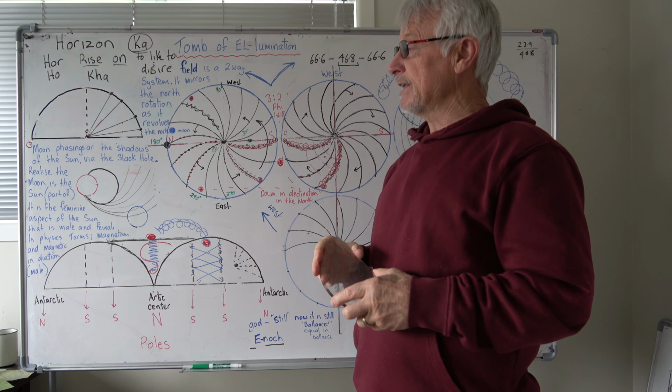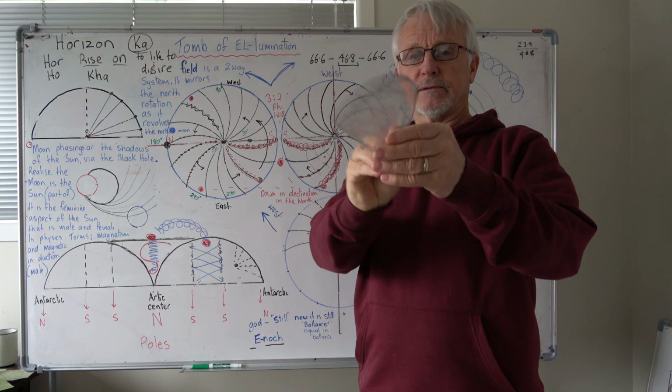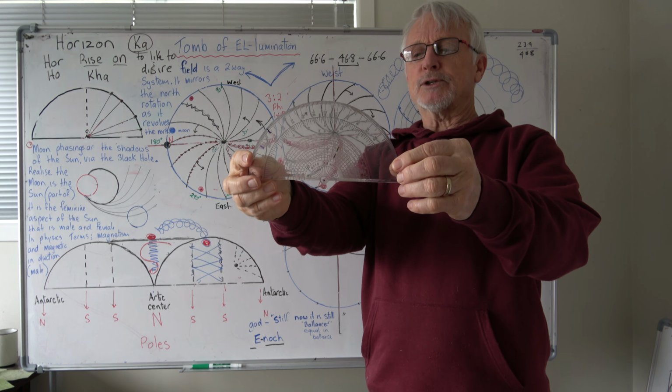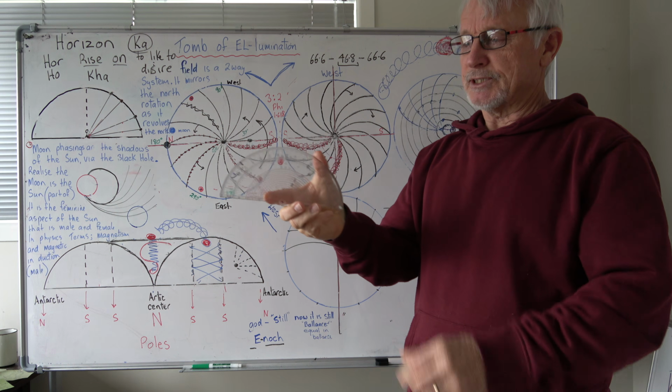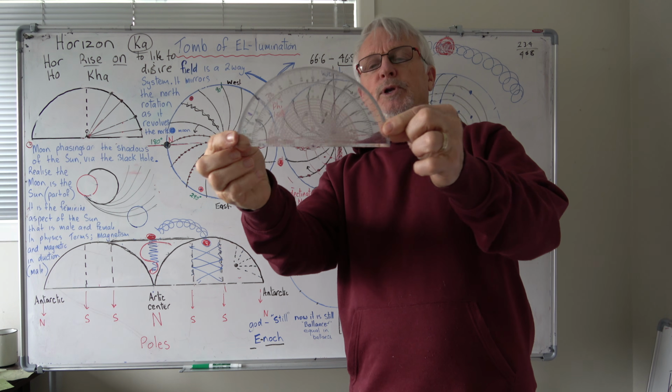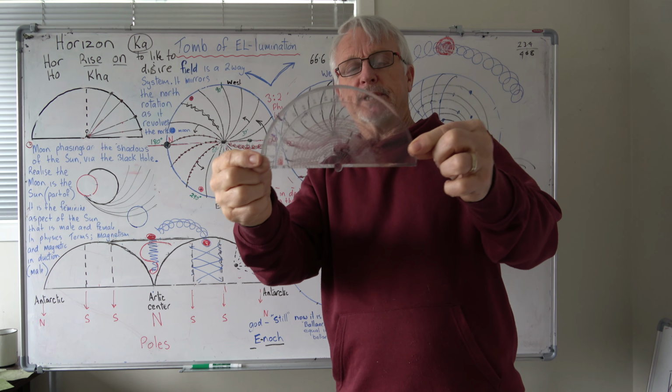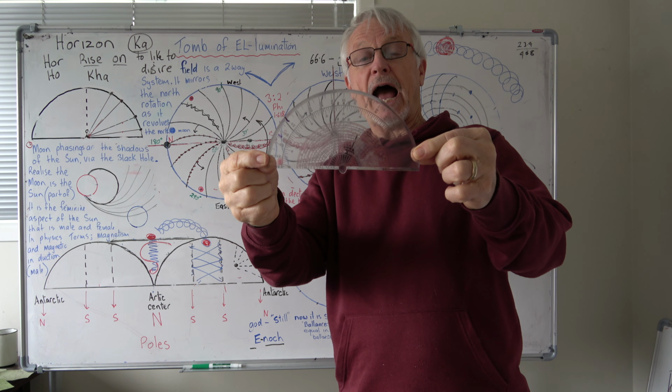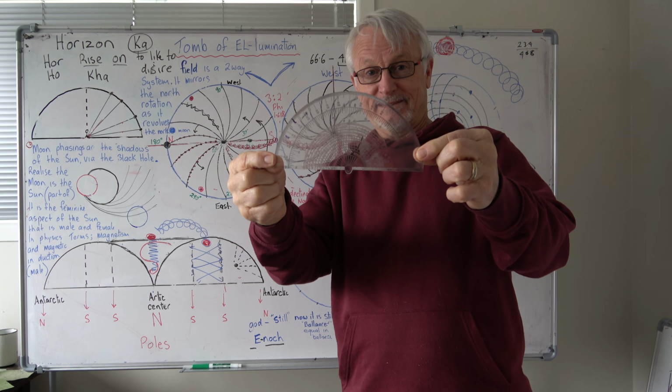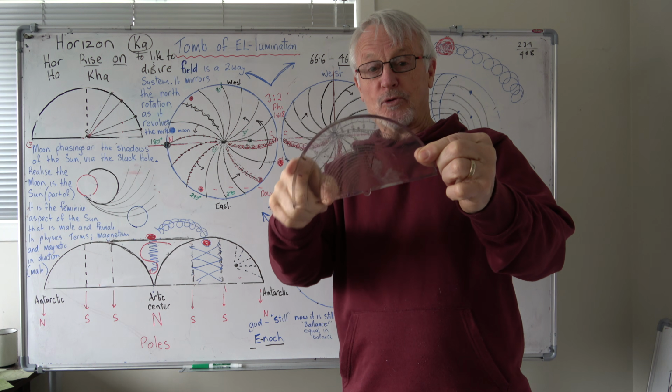So anyway, today's video is about this thing here. A protractor. You just look at the shape of that when you know and understand what the Egyptians have left us in the way of an arc of horizon. Man's arc of horizon.